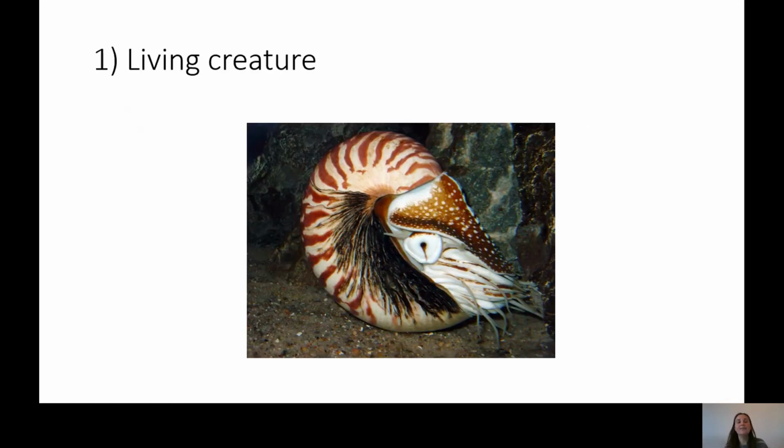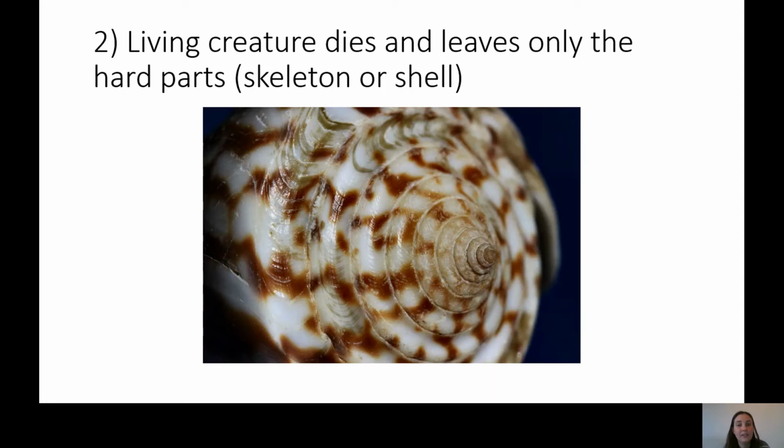So the first one is you start with a living creature. OK, so a living creature, as you can see, there's a little animal living in that shell there. When that living creature dies, the soft parts of that creature, for example the skin or the muscle, decays and rots away, leaving only the hard parts, so usually the skeleton or the shell of that creature.